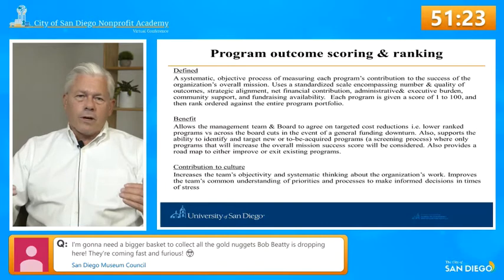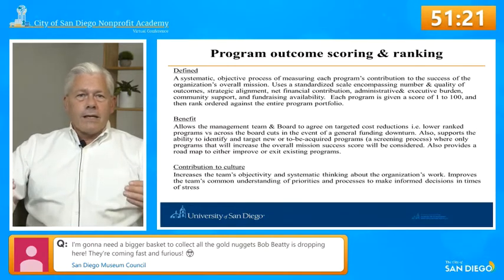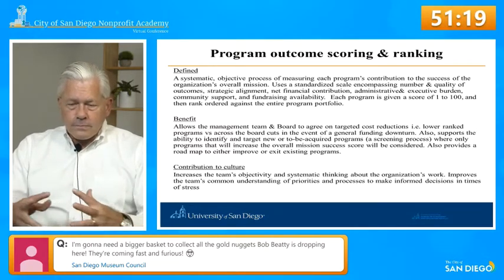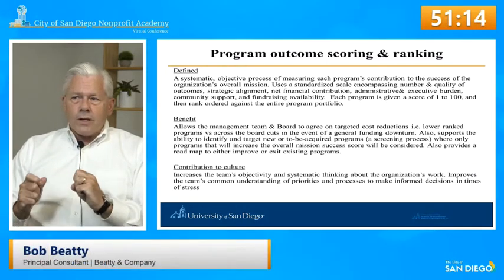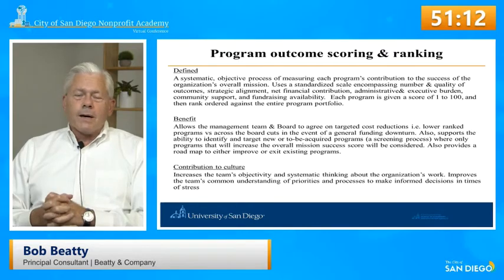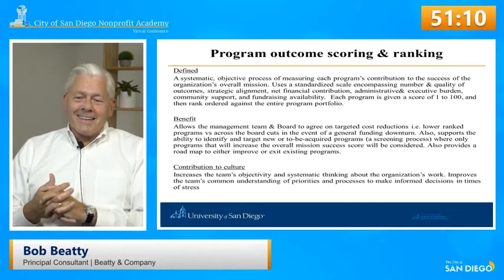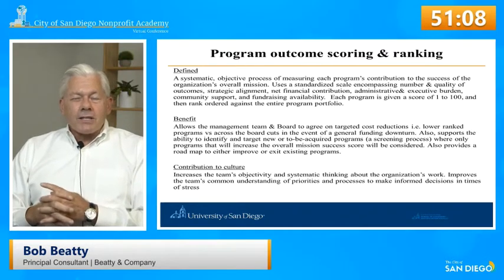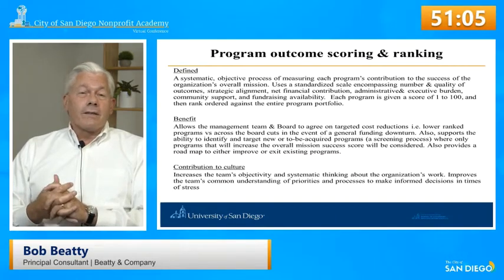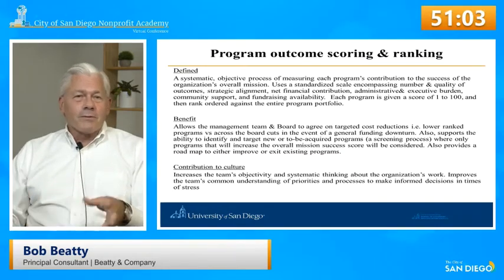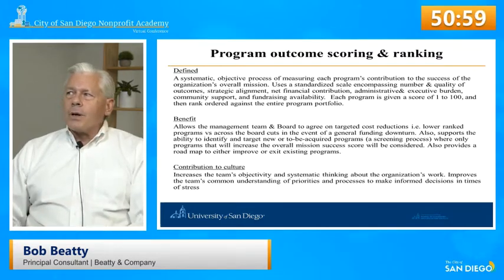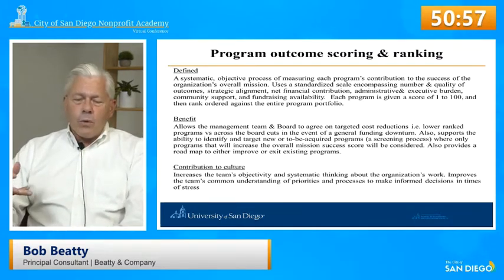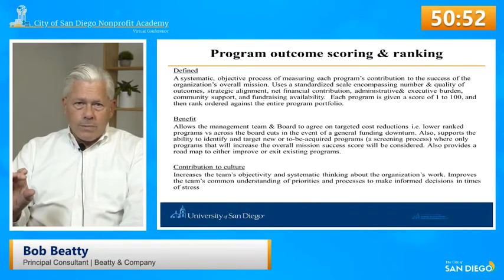You want to cut those programs that are contributing the least to mission success. It's a lot of work to do this, and it's not a simple thing to do, especially the first time. It takes a couple of tries, a couple of years to get this really good. But it allows the board and management to talk about how we are going to do targeted cuts in the right places and why.